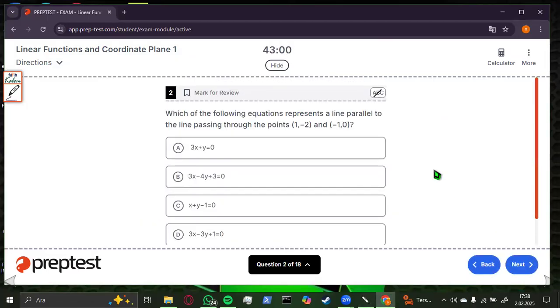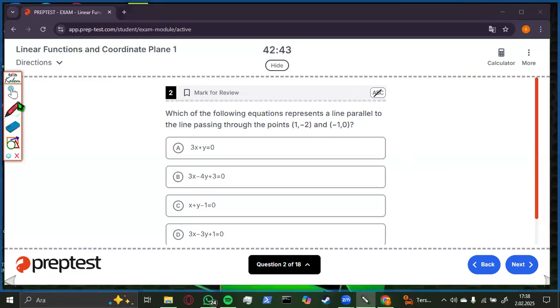Okay, parallel. Which of the following equations represents a line parallel to the line passing through the points? Firstly, we need the slope of the line passing through those points. So let's check the slope.